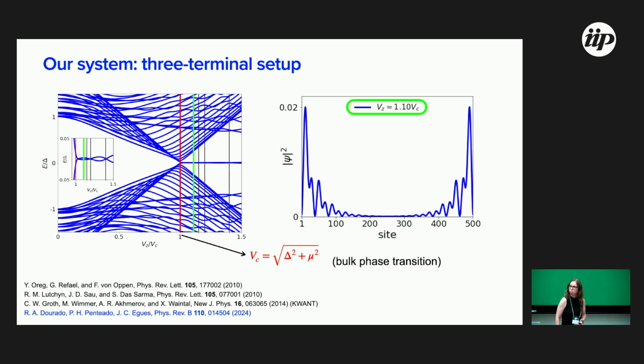Poliana, why do you say that this psi squared gives you the probability of having a Majorana at the boundaries? It's high at the border of the system, right? It's localized at the ends. Yes. But I cannot say that they are just electrons there, or that they should be Majorana. That's why people cannot distinguish between trivial modes and Majoranas, because you can have modes that are localized at the edges.